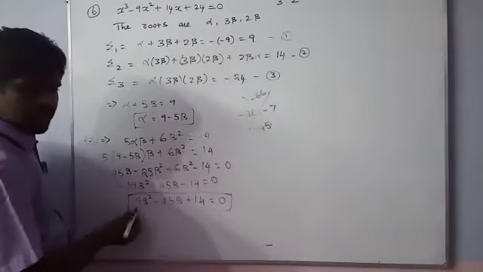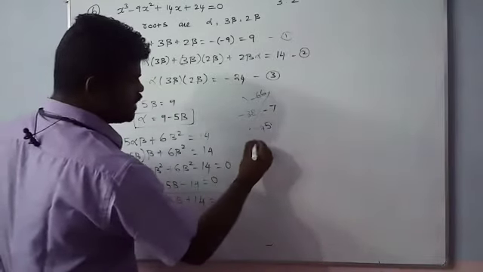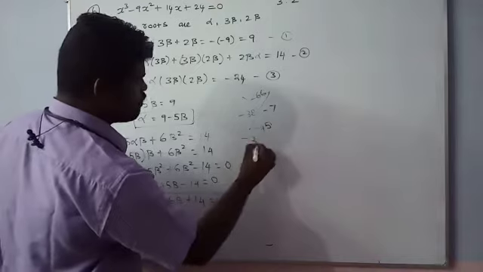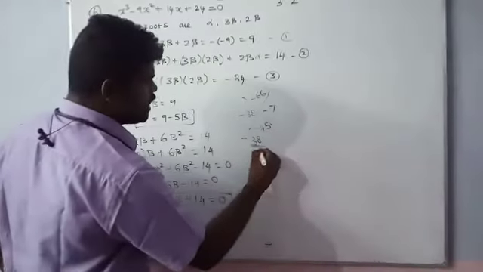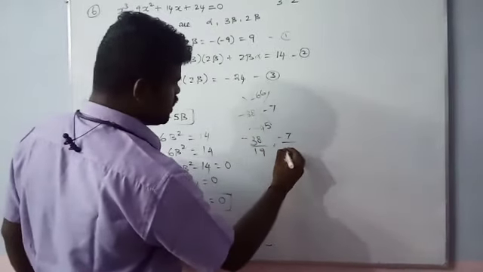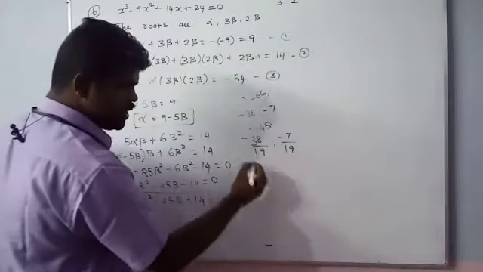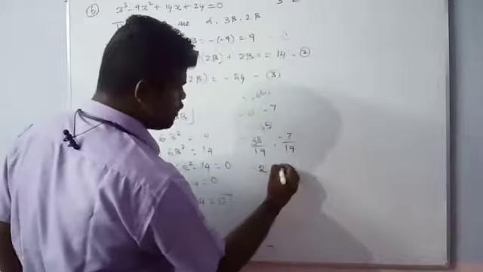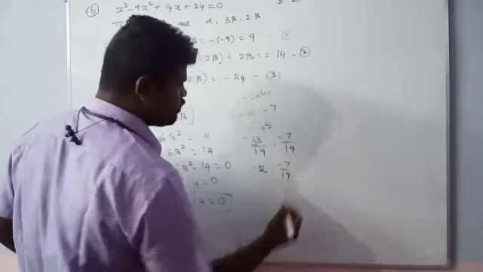Here 19 is there, so minus 38 divided by 19, comma minus 7 divided by 19. Here the answer is minus 2, comma minus 7 by 19.